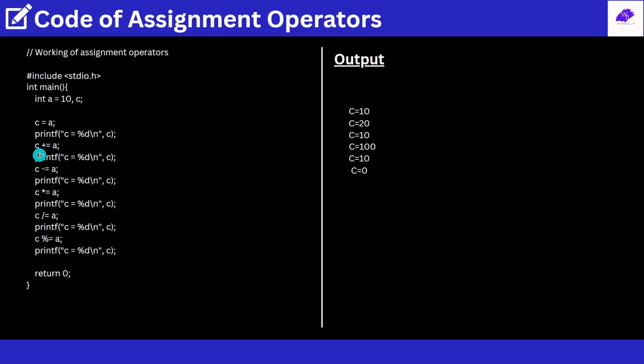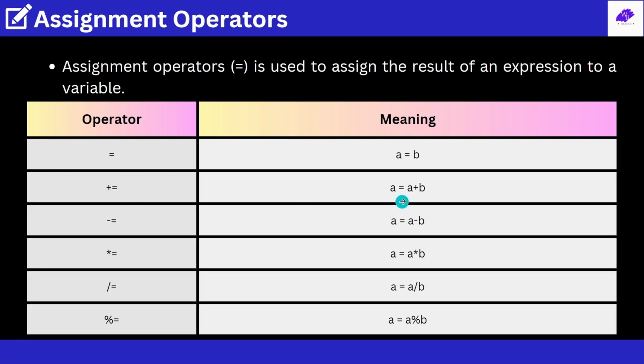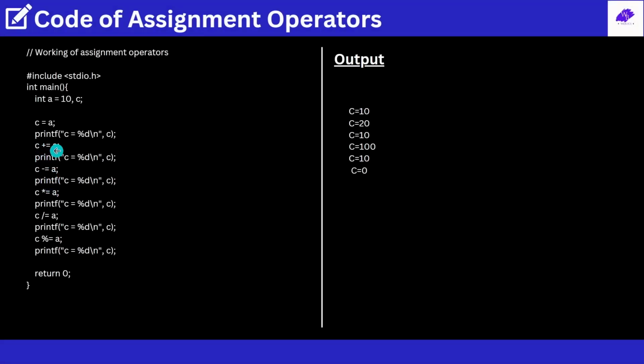Next is c plus equal to a, that will be like c is equal to c plus a, as we have seen in the previous slide for a plus equal to b. For now the c value is 10 and the a value is also 10, so c is equal to c plus a assigns 10 plus 10, which is 20, to c.